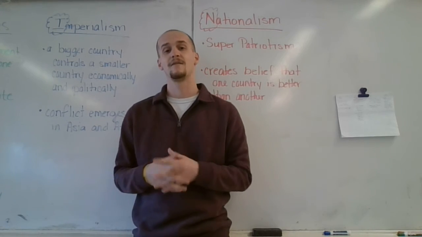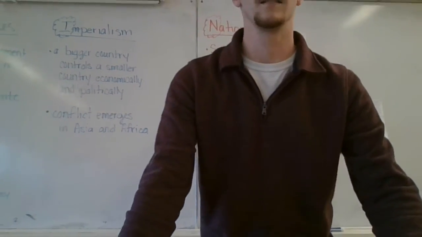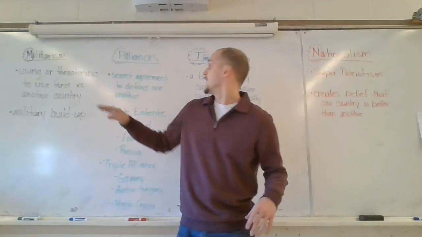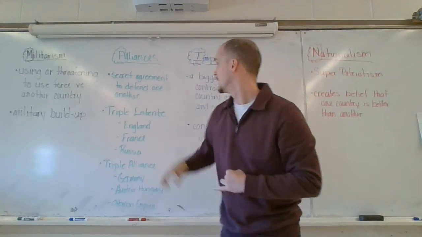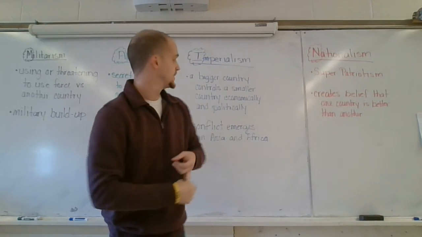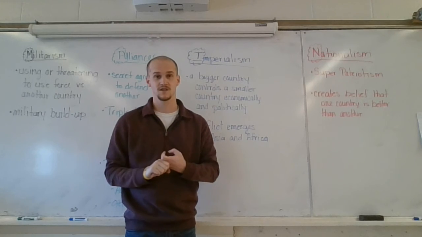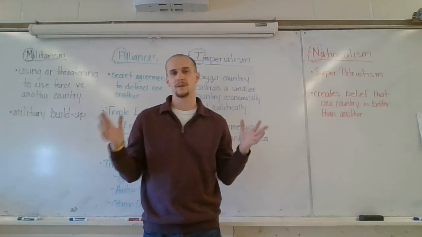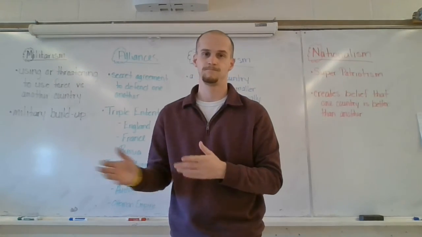And so what you have is an acronym, M.A.I.N, that also ironically describes the four main causes of World War I. And that is militarism, the threat of force, alliances, secret defense partnerships, imperialism, bigger countries going into smaller countries to control them, and nationalism, a super patriotic belief that leads one country thinking they're better than another.